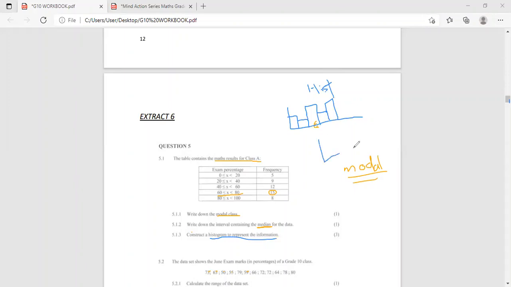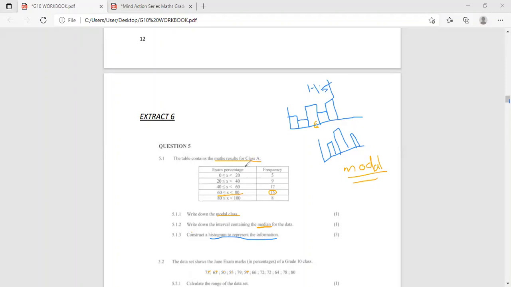And then you have a bar graph, where there's a separation between the bars. With the histogram, they are closely attached. So we construct a histogram, and I think we actually talked about it in the previous lessons.